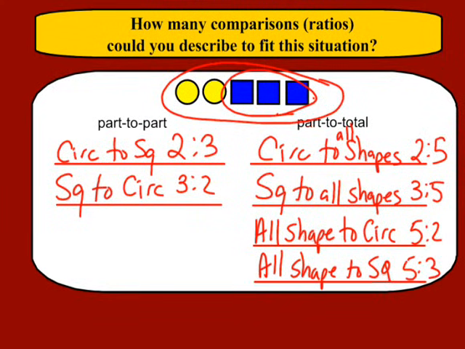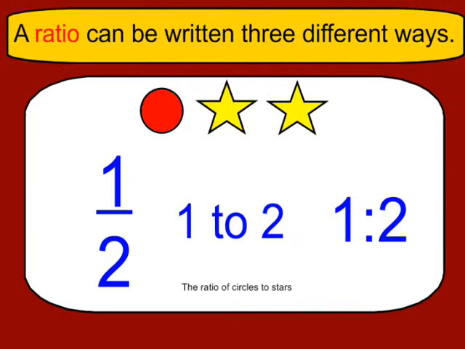So those are 6 different ratios that we could write based on that situation. And actually if we looked at colors instead of shapes, we could do another 6. We could do yellow to blue, blue to yellow. We could do yellow to all colors.